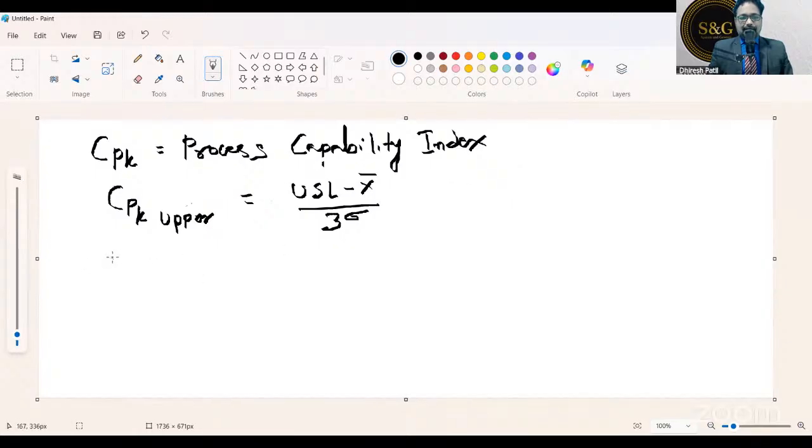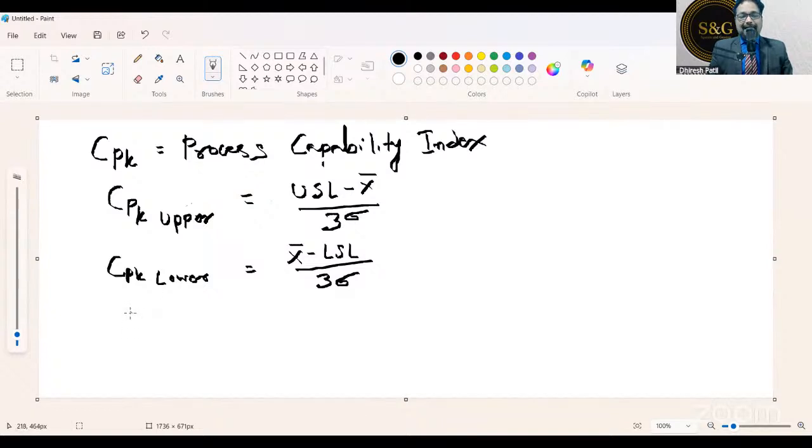Okay, and the second formula is CPK lower. So what they're doing is calculating the upper specification process capability and the lower specification process capability. So the formula is X bar minus LSL divided by 3 standard deviation.